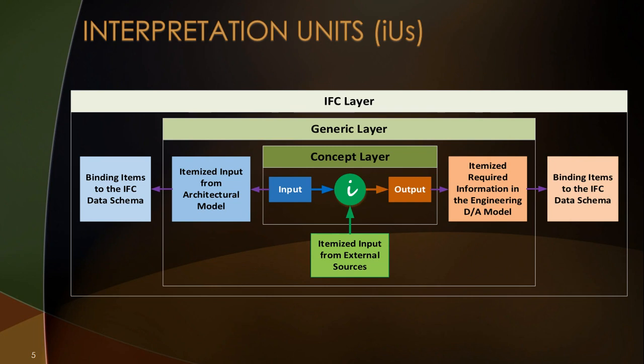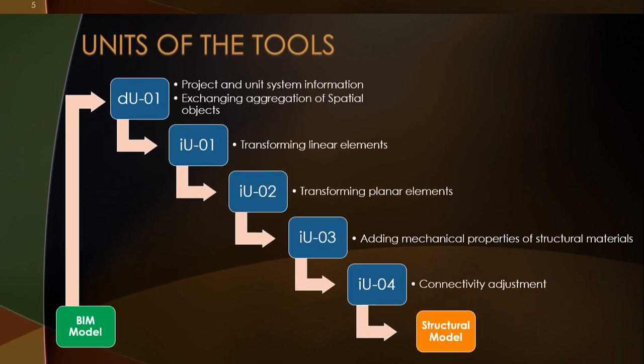That could be a code, that could be specifications from manufacturers. So we need to document those external sources in this layer. And in the IFC layer, we bind this information to IFC data structures. This is similar to what we do in MVDs.